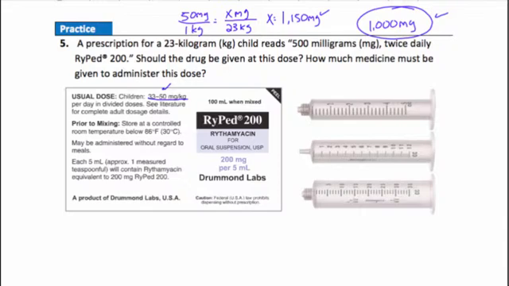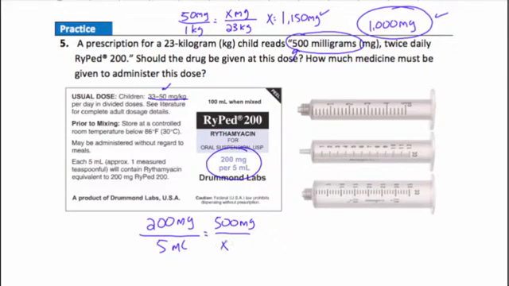All right, once we know it's safe, now we can figure out how much to give. So we're trying to give 500 milligrams in one of these doses. So here's our drug concentration, 200 milligrams in every 5 milliliters. And we're trying to get 500 milligrams in one dose.